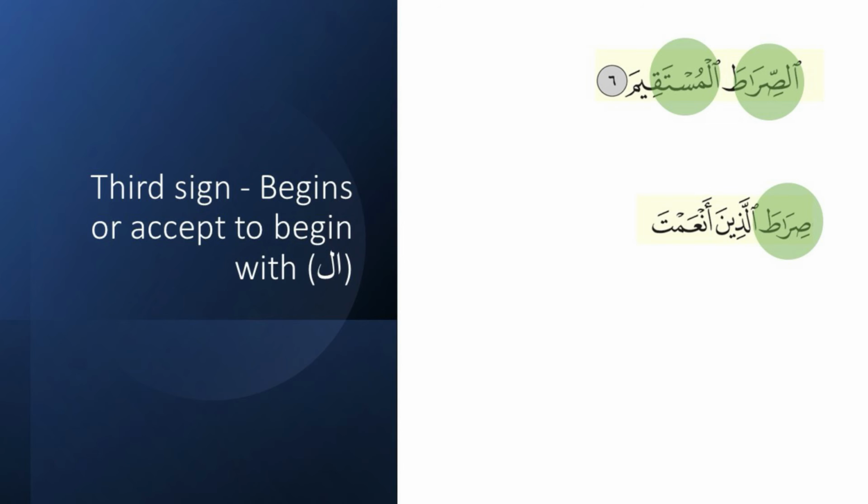Also in the second line, صراط الذين أنعمت. صراط doesn't begin with al, but you can add it to it. You can say as-sirat, exactly as you said in as-sirat al-mustaqim in the first line.